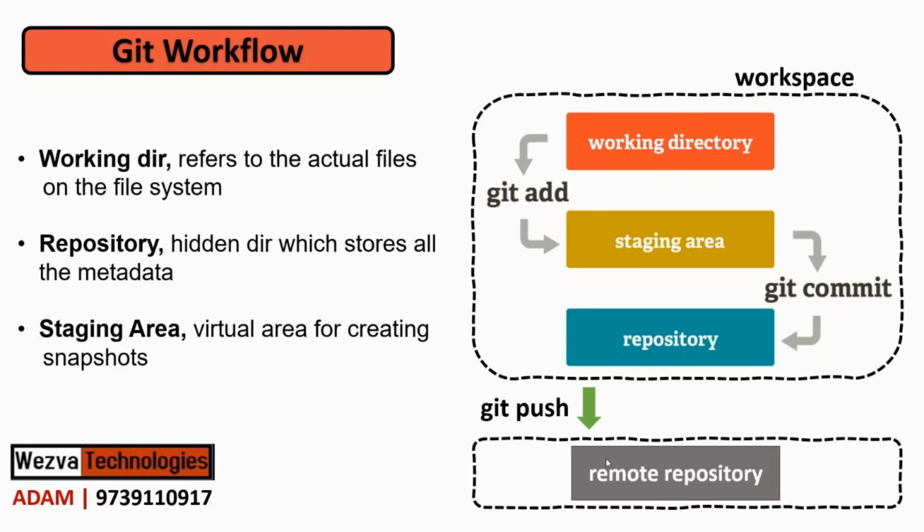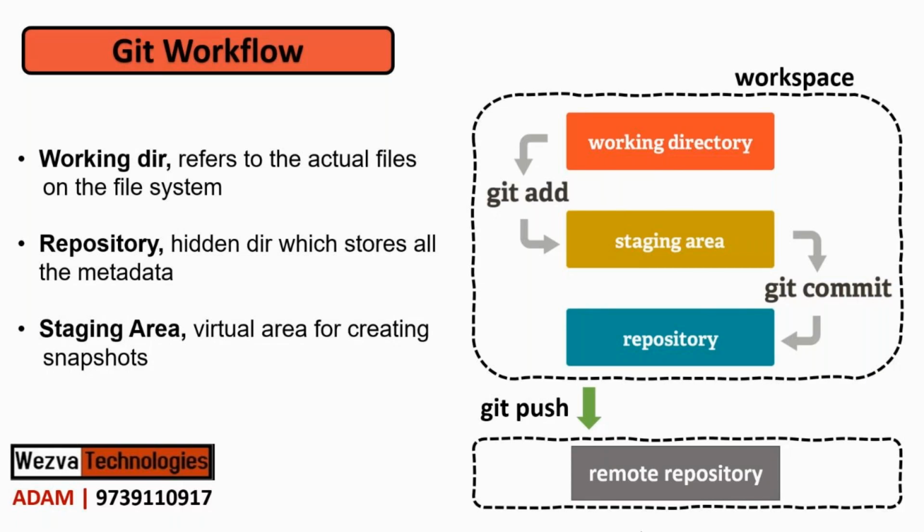However, someone else also will be doing changes from their local workspace on their machine, and they will be pushing the metadata into the central repository. So now you are pushing, and someone else is also pushing.